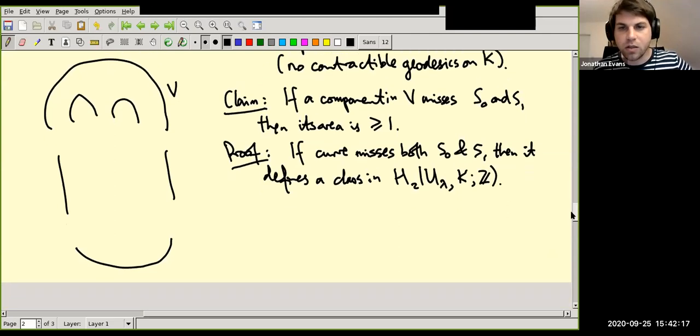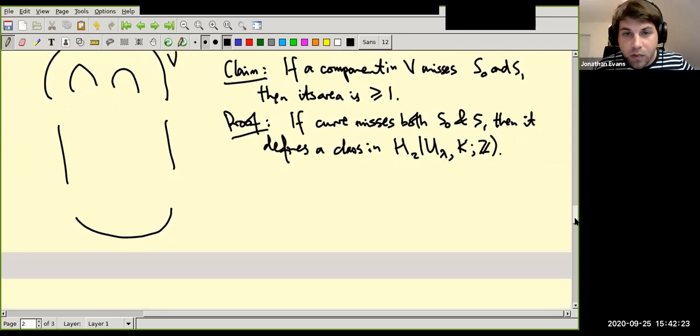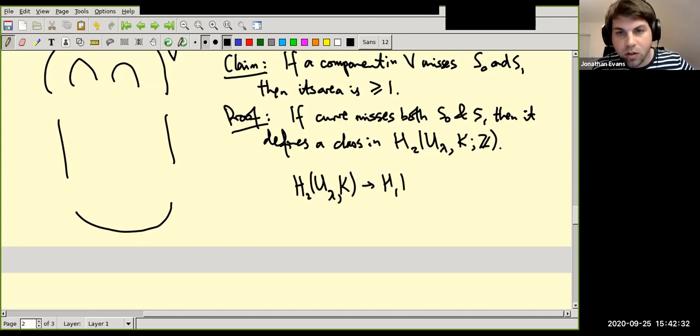Okay, and the claim is that these guys are going to have integral area. So how does this go? Let's look at the exact sequence of the pair U lambda, K. The next term is H1 of K, the next term is H1 of U lambda, and the previous term is H2 of U lambda.